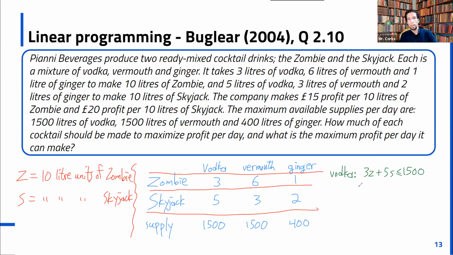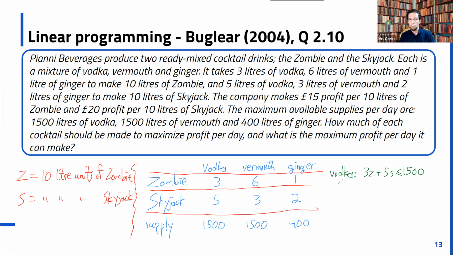So each time we make a Z, we need 3 liters of vodka. So 3 times Z. Each time we make one S, one unit of Skyjack, we need 5 liters of vodka. So these are the 2 ways that we use up this total supply. And the amount that we're using must be less than or equal to 1,500 because that's the limit. That's how much we have available.